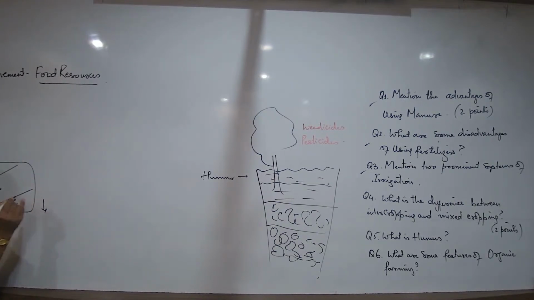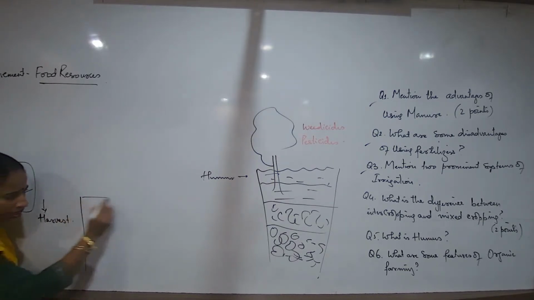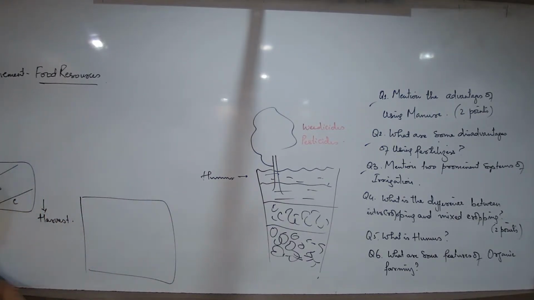Now the growth is complete and it is harvest time for all 3 crops. After the harvest, what about the characteristic of the land? Is the land still rich in nutrients? No. After the harvest, the nutrient level of the land has gone down.